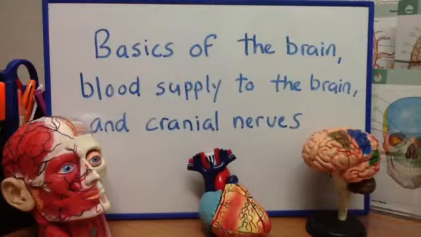Here we go. First, the anterior cerebral artery on the left and the right. The next is the anterior communicating artery. So we have a cerebral artery and a communicating artery. Next is the internal carotid artery on the left and right. And last, we have the posterior cerebral artery, left and right, and a posterior communicating artery, left and right.